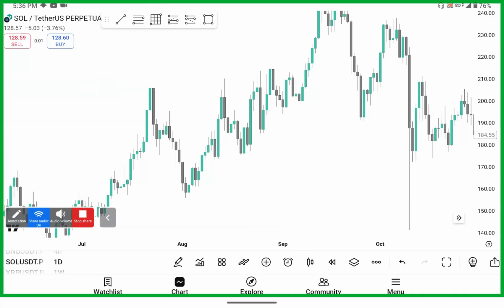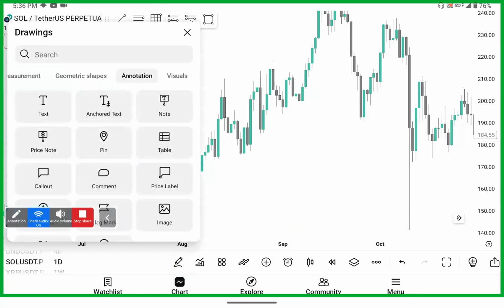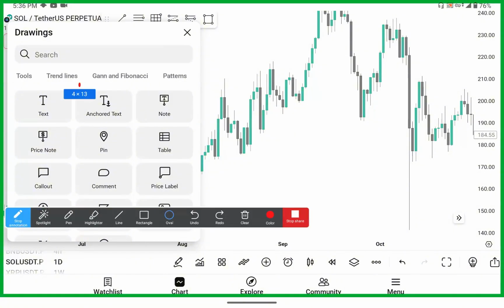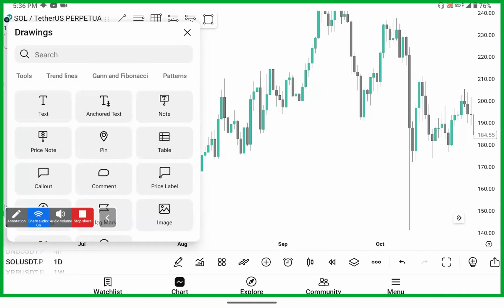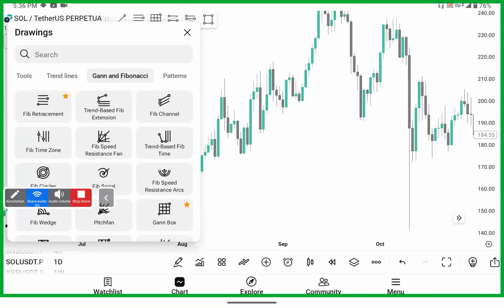You will see an icon of this kind, that icon. So you tap on it, then you will look from here. You will come to this area, that one, the Gann and Fibonacci. You tap on it, then you will come to this point.